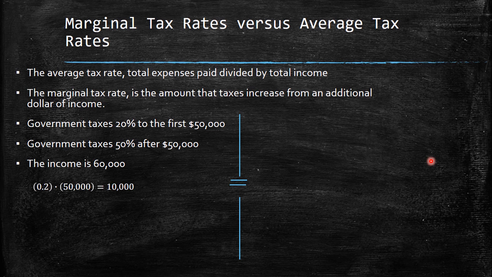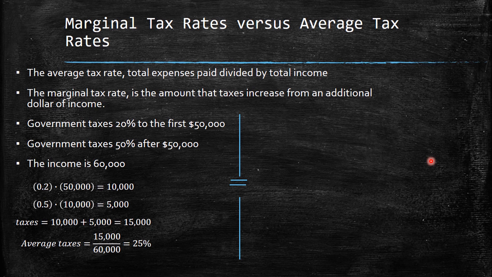So if your income is 60,000, you will need to pay for the first $50,000 20%, which brings 10,000. And for the other part we have 0.5, which is the 50% of the 10,000, which is 5,000. So at the end, the total expenses are the sum of these two, 15,000.